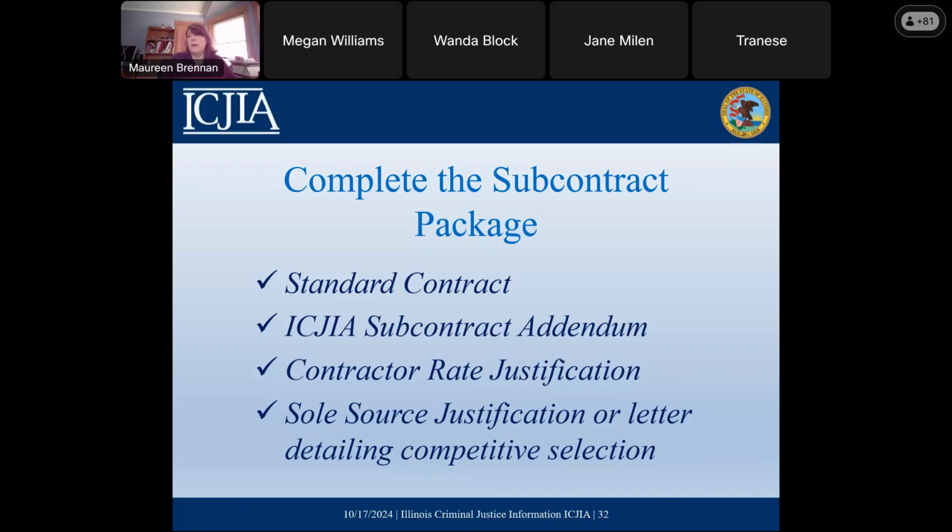And then we also have to make sure, remember when we talked about cost allowability, all costs in the grant budget have to be reasonable and necessary, right? And so we have a contractor rate justification checklist. So we need to make sure that the contractor rate is reasonable for the services that are being provided.